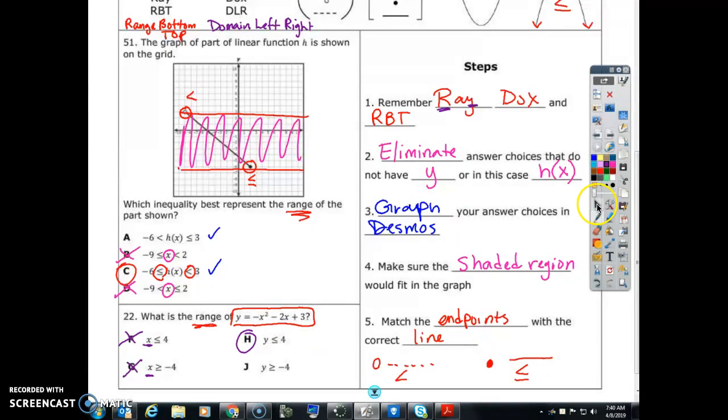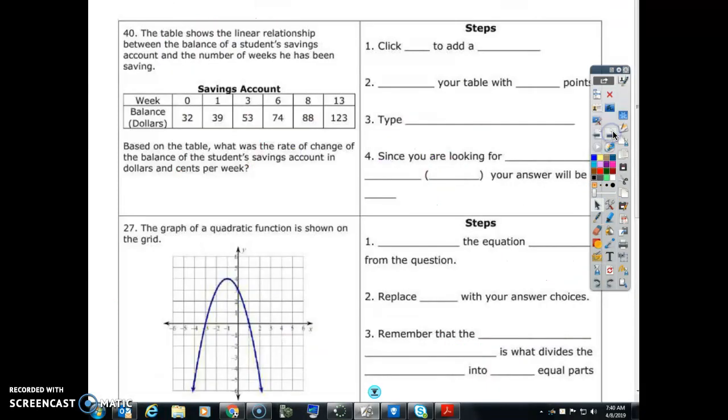Let's go to the back page. For this one, it's asking you for the rate of change, which is the m, y1 approximately m, x1 plus b.